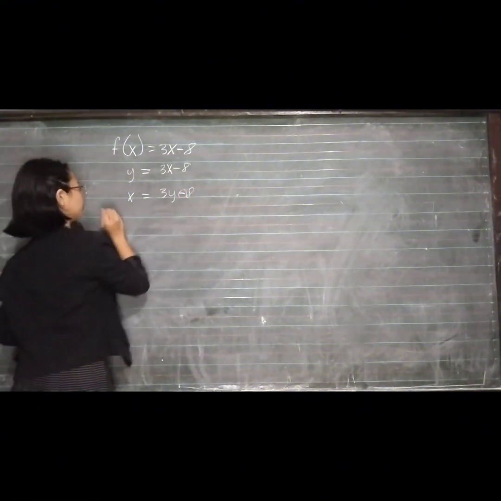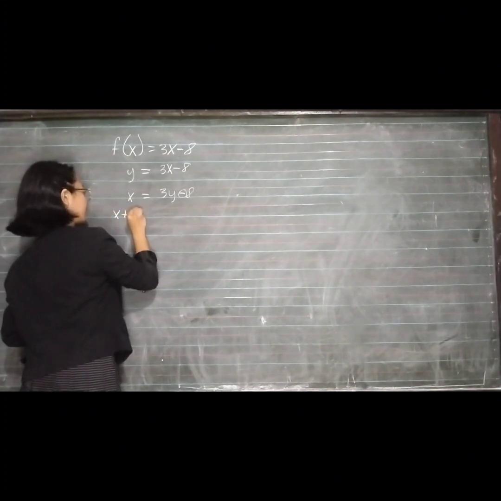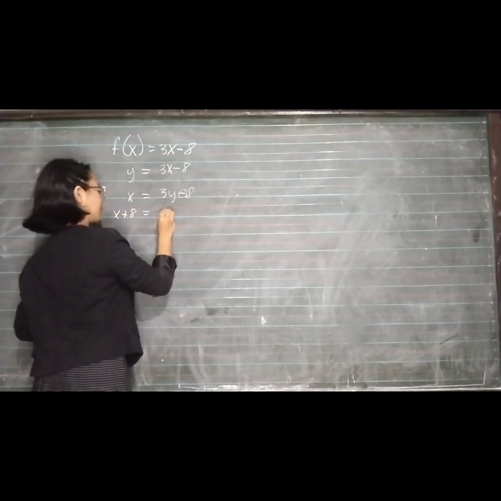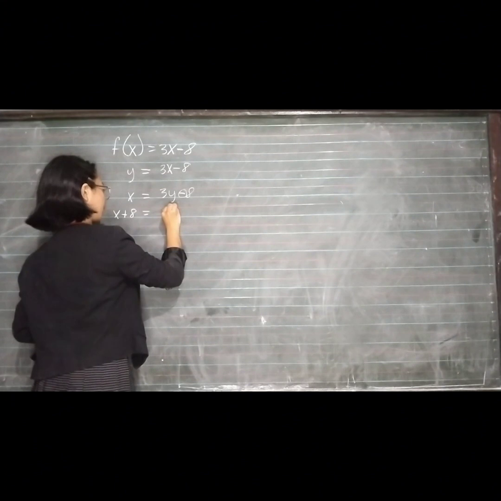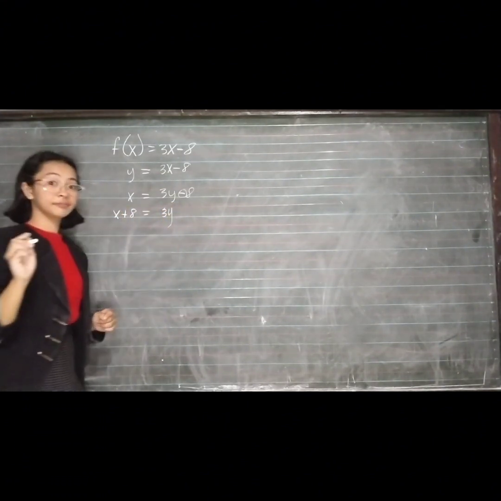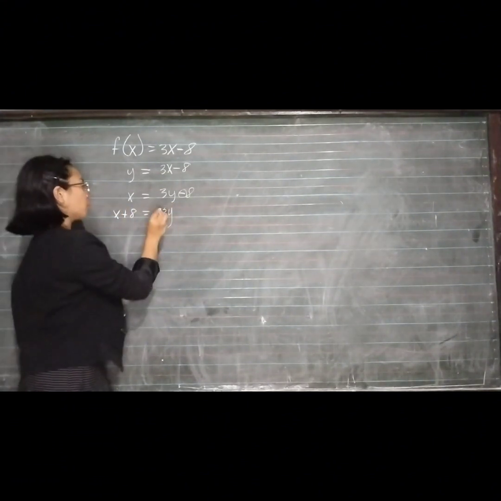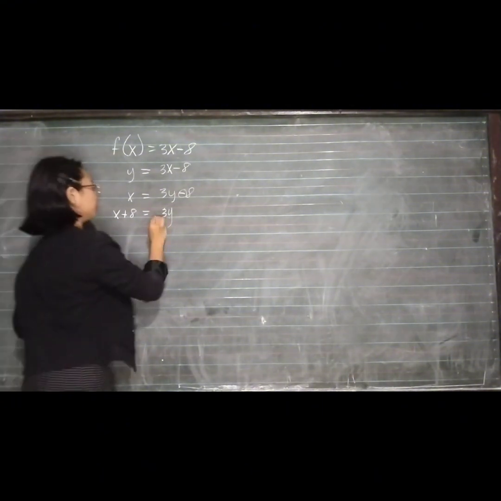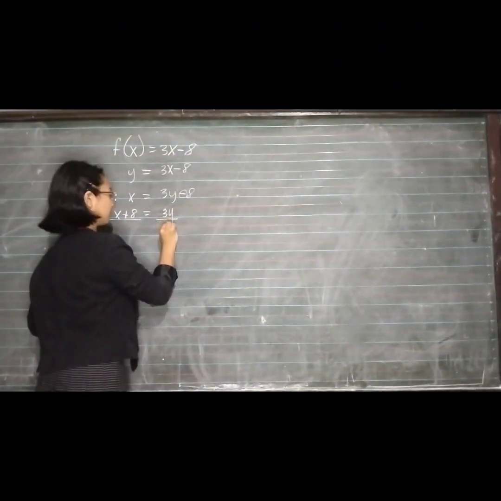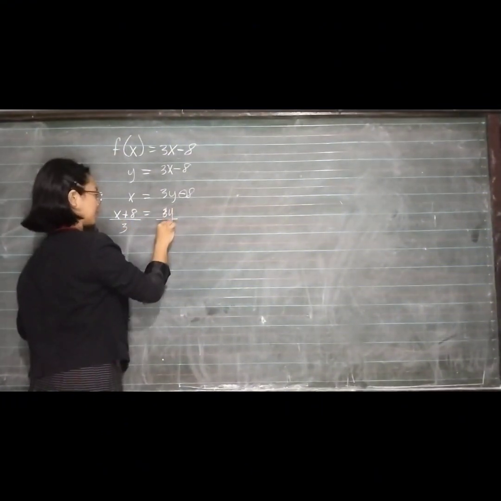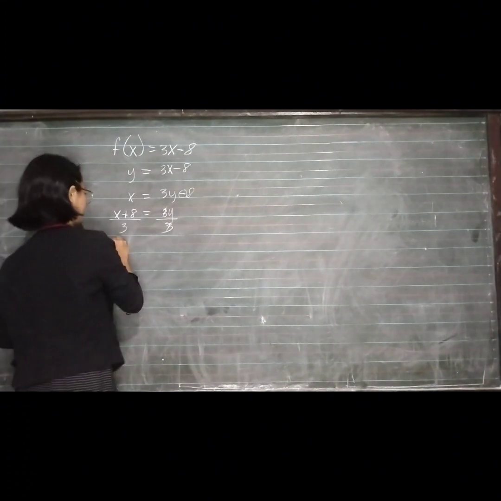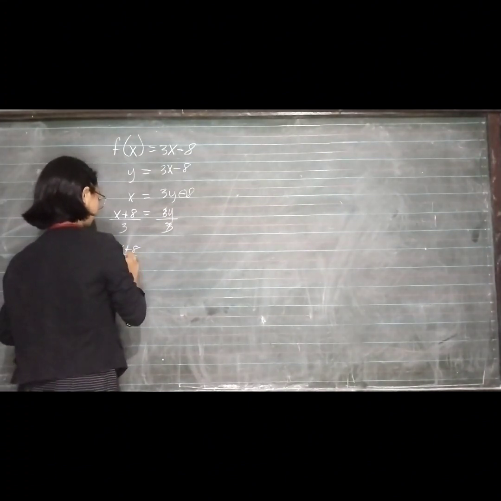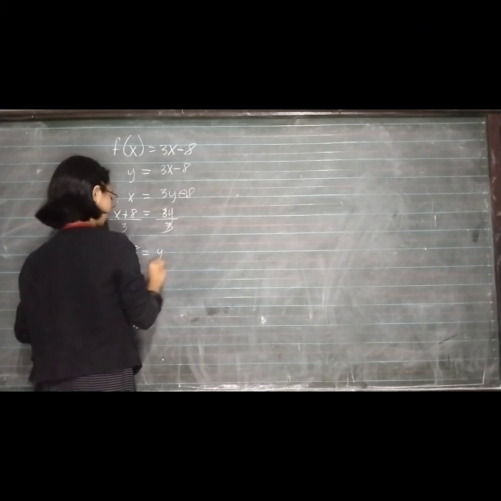So this will become x plus 8 equals 3y. And then, so that only y remains, you have to divide by 3. So cancel. So your answer will be x plus 8 over 3 equals y.